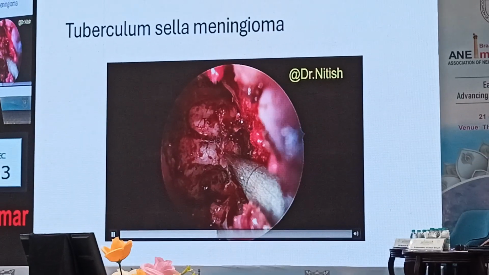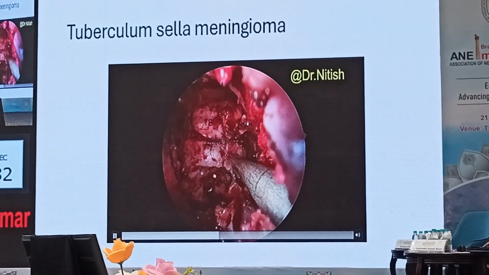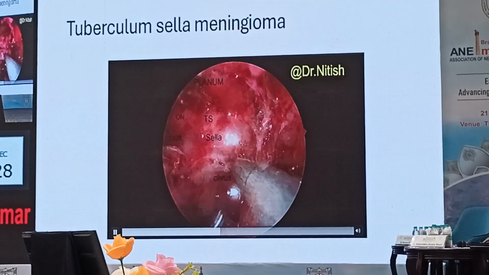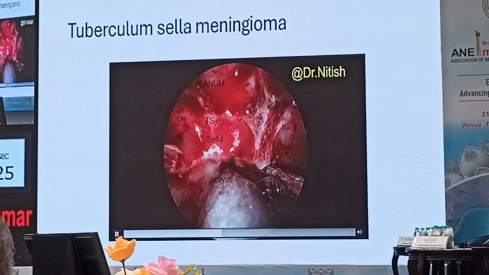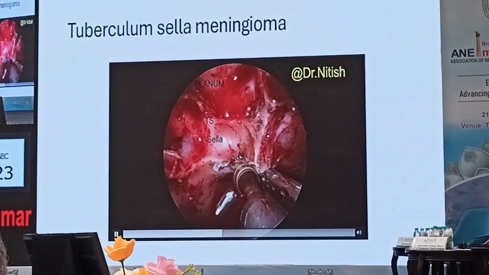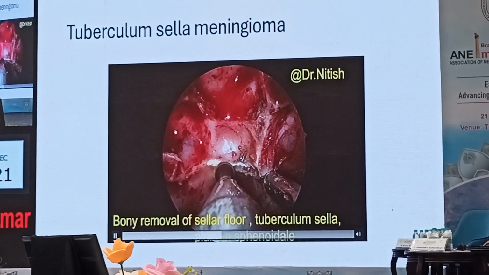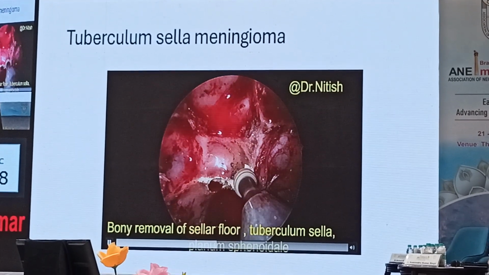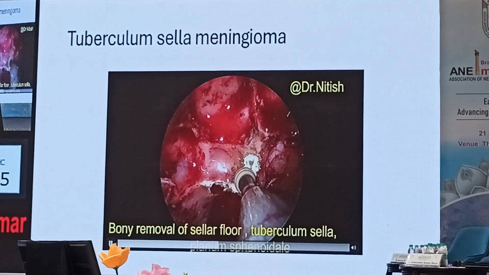So this is after complete removal of this disease. So we can see that here, this is the clivus, this is the sella, and this is the sulcus, this is the planum area. Here is the optic nerve prominence. So if we are planning for extended approach, we have to remove this sella along with this planum area.